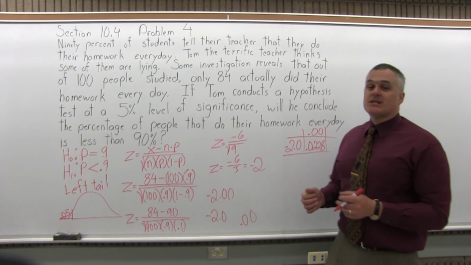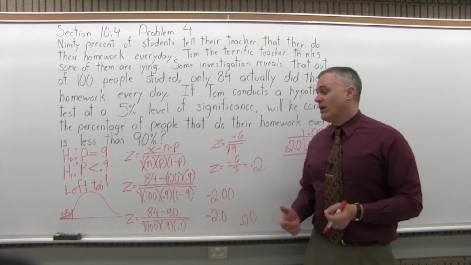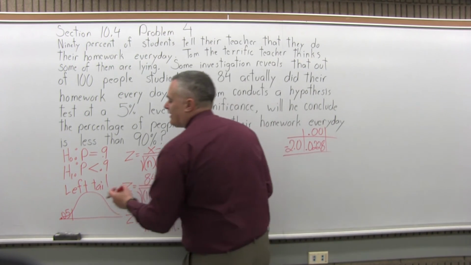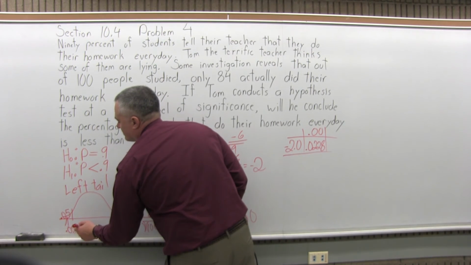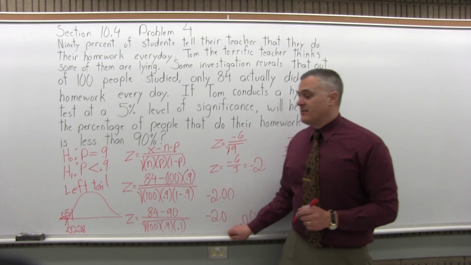Now, step 6, state your conclusion. Should we reject the null or fail to reject the null? Well, did we go into the critical region? Are we in the leftmost 0.05? Actually we are, 0.02 something. You're about halfway into that critical region.